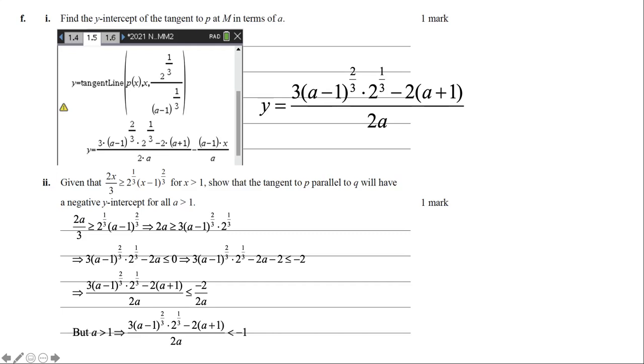Look at the top part. You have 3a minus 1, 2 over 3, 2 to the power of 1 over 3. And then, if you want to prove that is less than 0, why don't you move 2a to the other side? So you are effectively subtracting 2a from both sides of this inequality. You will get this bit, take away 2a, less than or equal to 0.